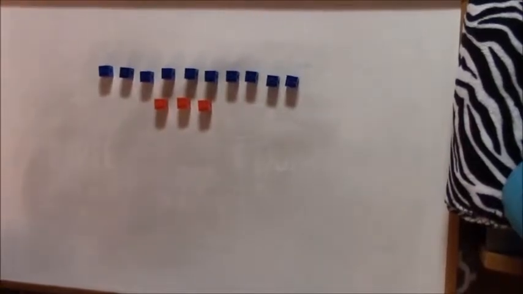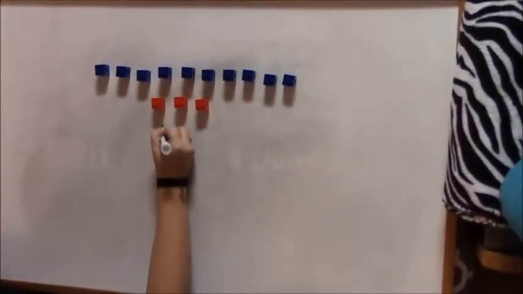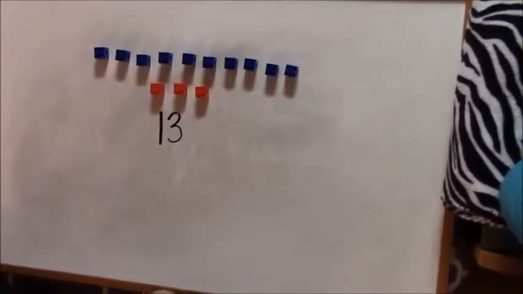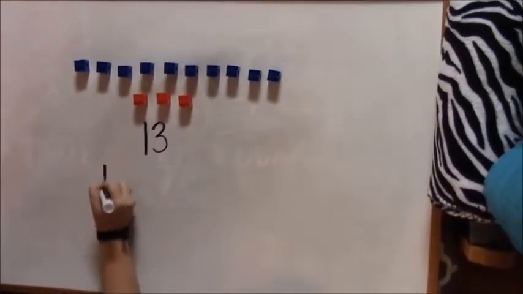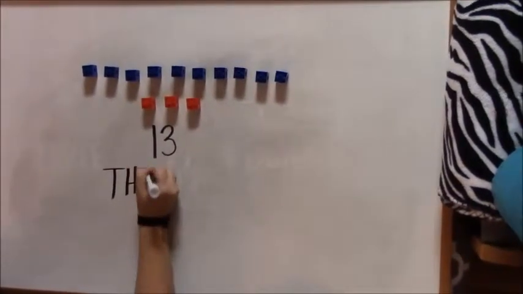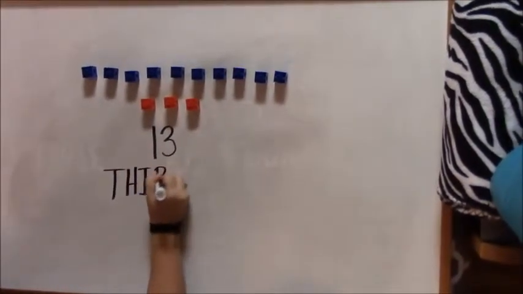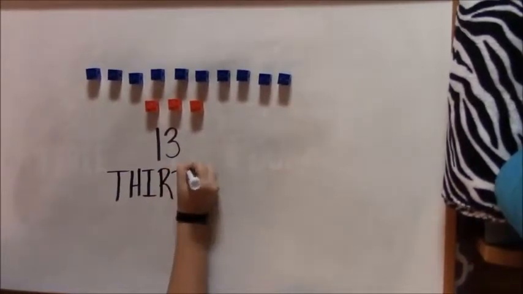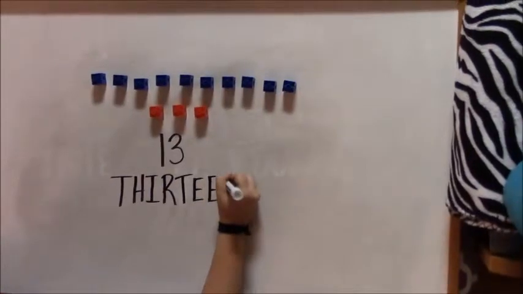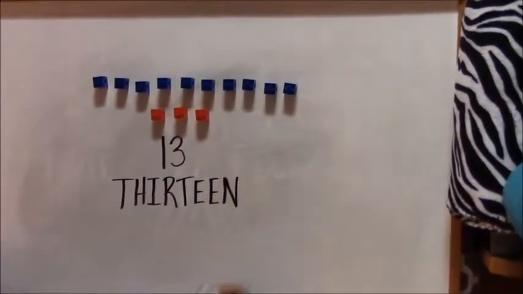So the number 13 can also be written as a 1 and a 3 placed together. The word spelling of 13 is T, H, I, R, T, E, E, N.